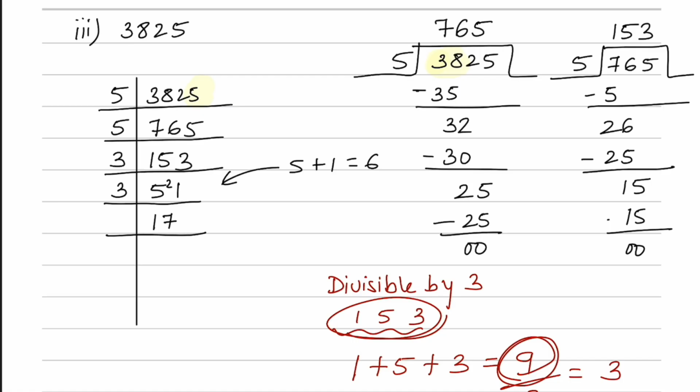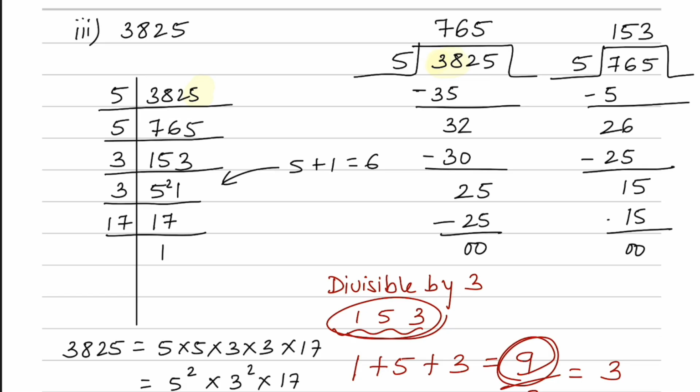Now 17 is a prime number, so 17 1s are 17, this is the answer. So the prime factorization of 3825 is going to be 5 into 5 into 3 into 3 into 17. You can also write this as 5 squared into 3 squared into 17.